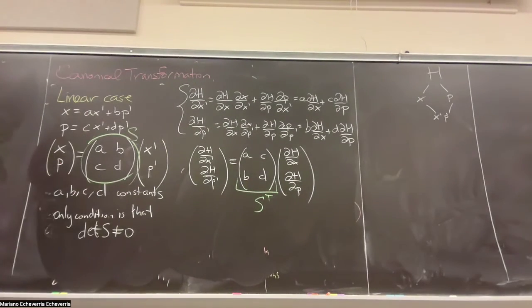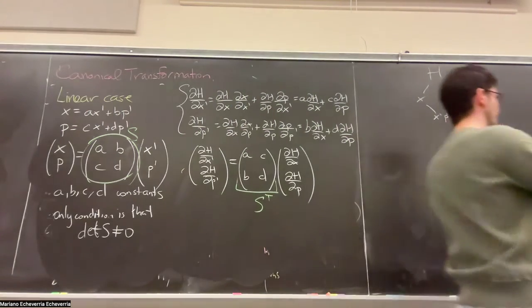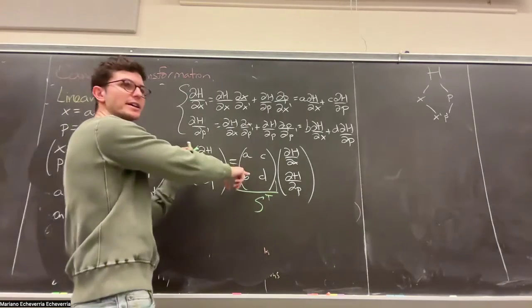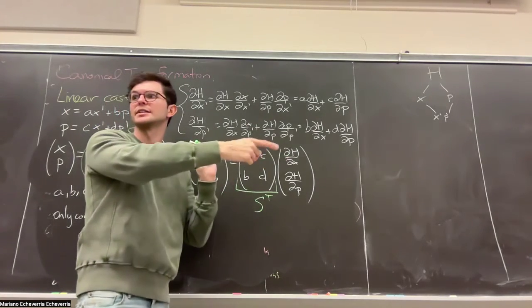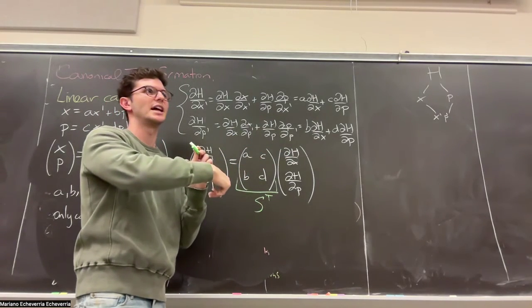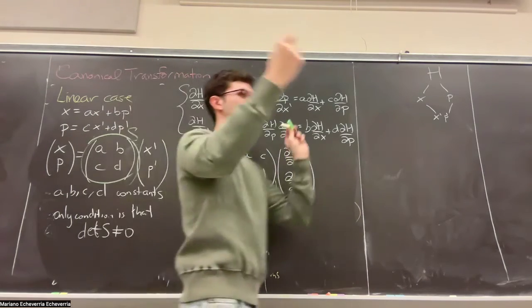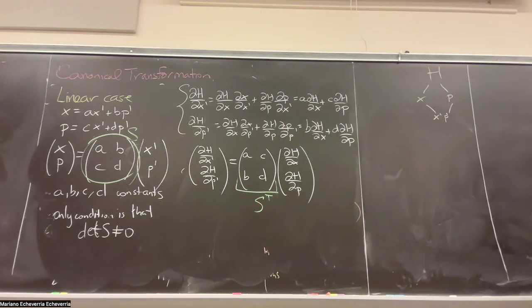If you have ever done tensor analysis, this is the type of thing that you think about all the time. If the variables transform with S, the gradients transform with S transpose, the transpose of the matrix, and that has to do with whether you want to think of a vector as contravariant or covariant and things of that sort.